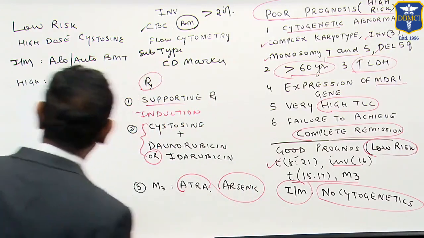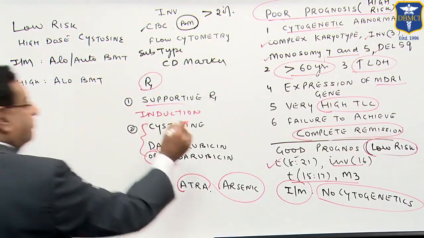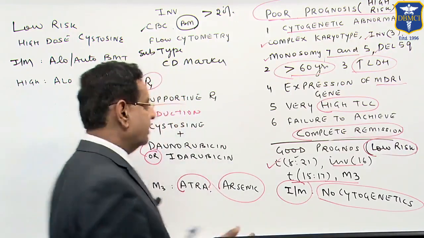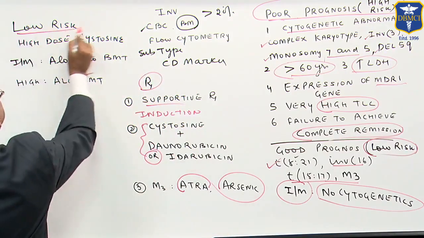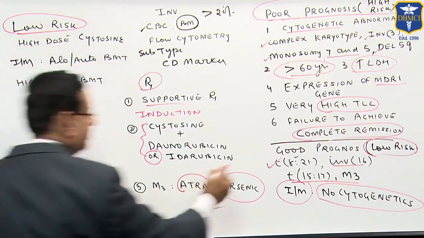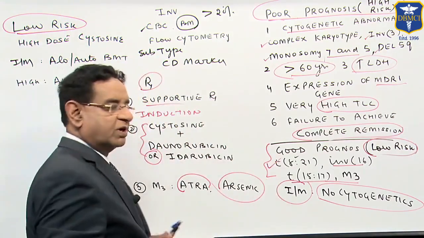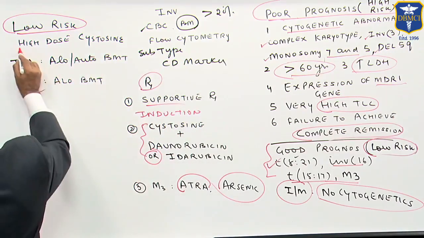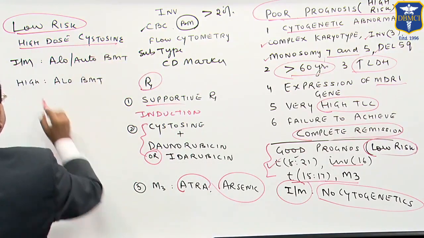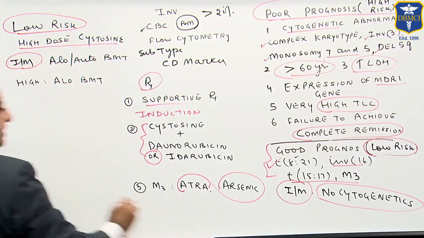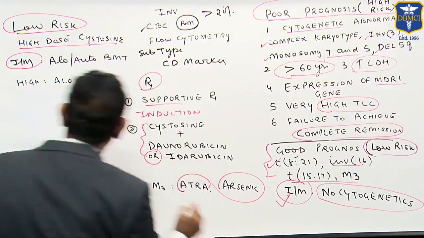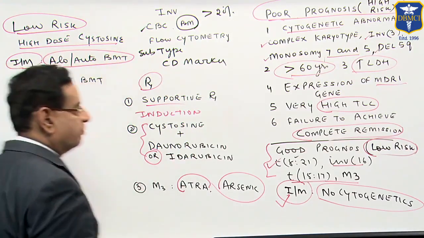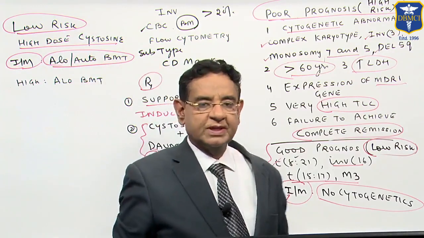Now, once we have done the induction phase, in low risk patients, for consolidation we use high dose cytosine. But in the intermediate variety, we use allogenic or autologous bone marrow transplantation.